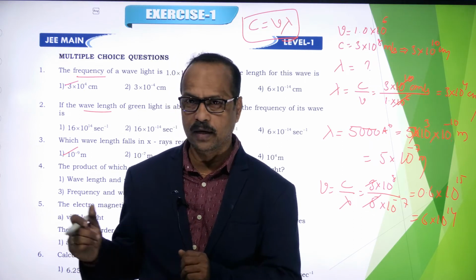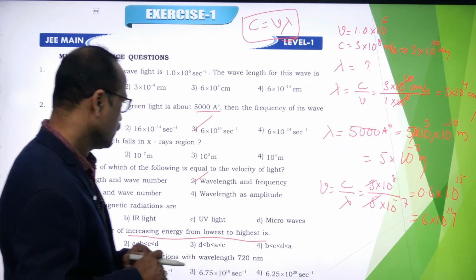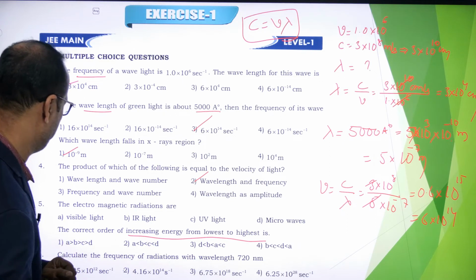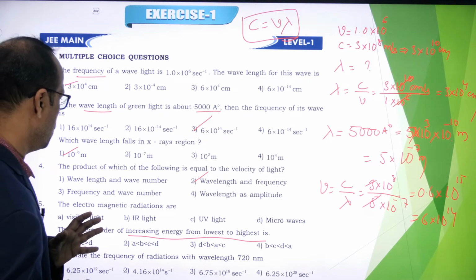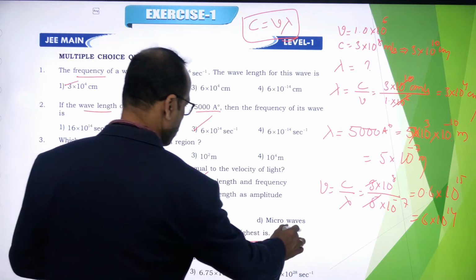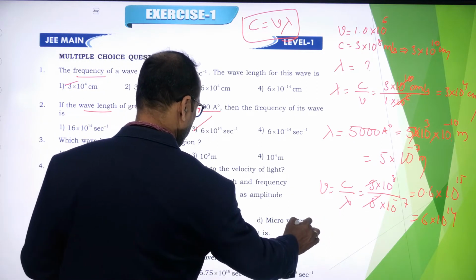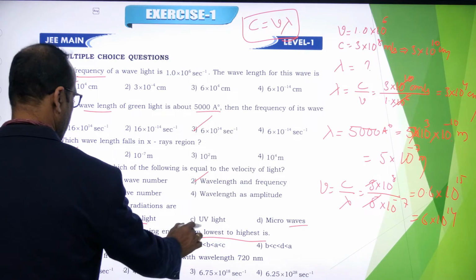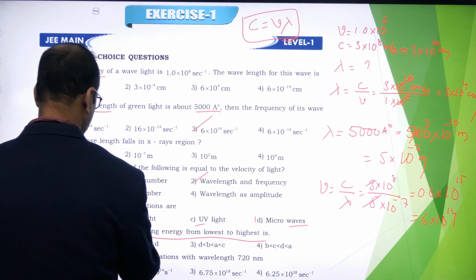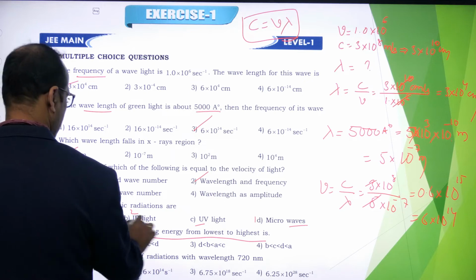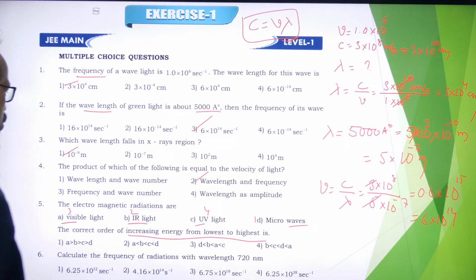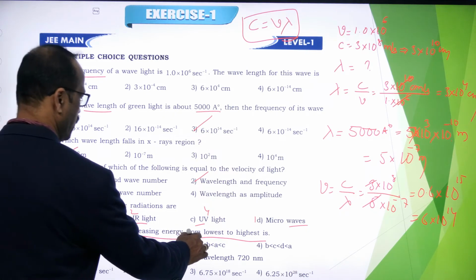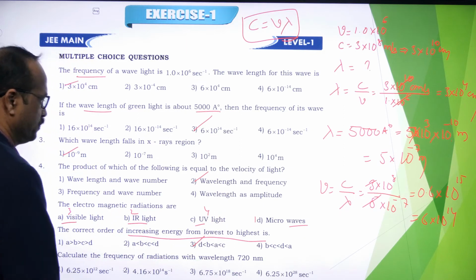But here, if you arrange, least energy is for microwaves. So first it should be D, then infrared, then visible, then this one. So this should be 1, 2, 3, 4. So DBAC is the right answer. Okay, students, DBAC, this is the right answer.